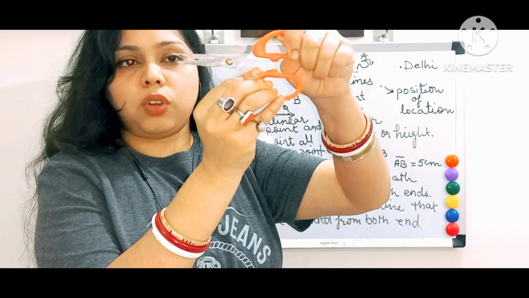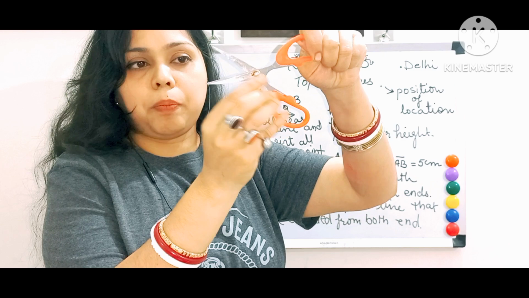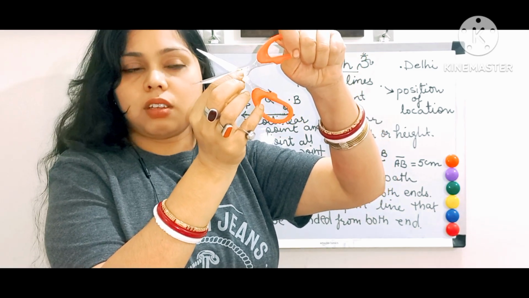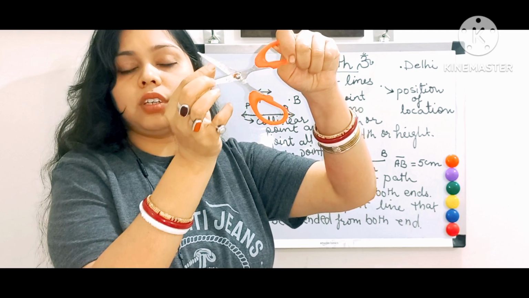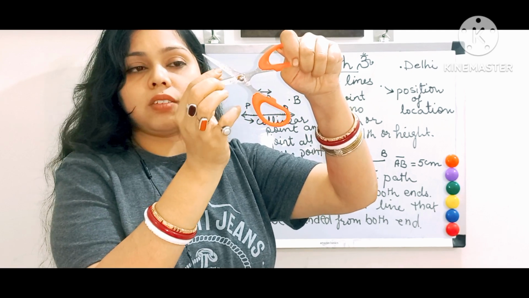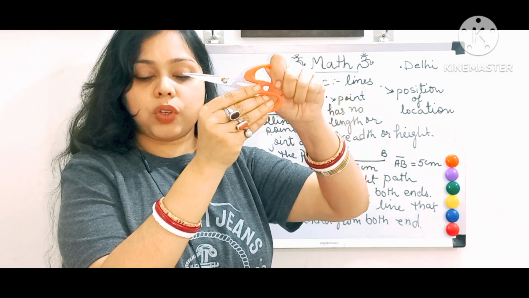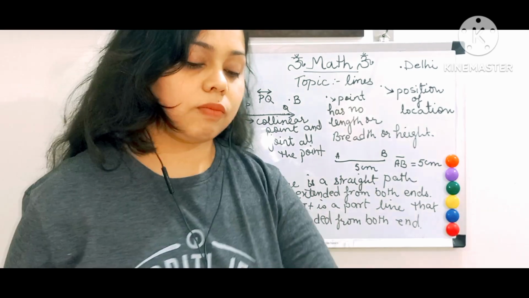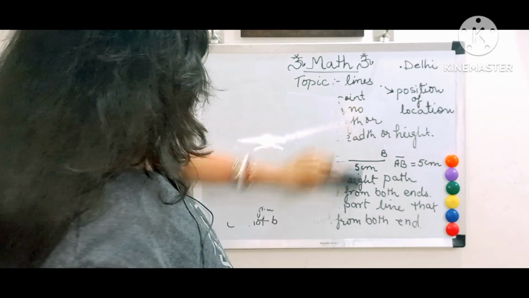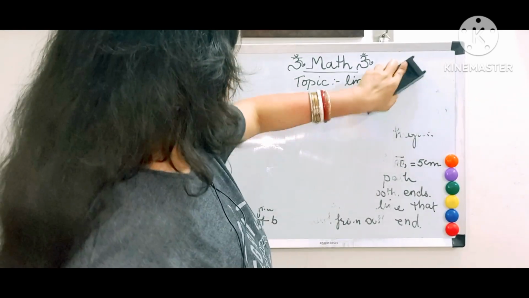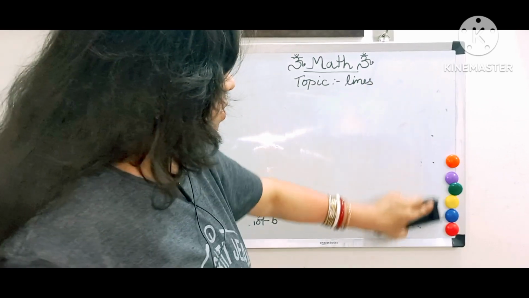So what you will call it is a point, or you can see it as a vertex. From a vertex, there are two rays, which form an angle. Okay, that means now there is a new topic after line that we are going to understand, which is angles.